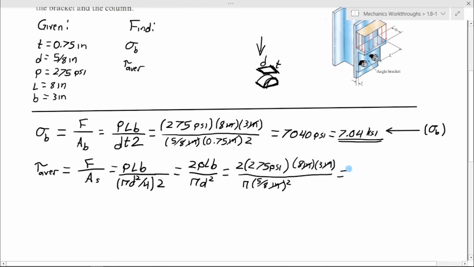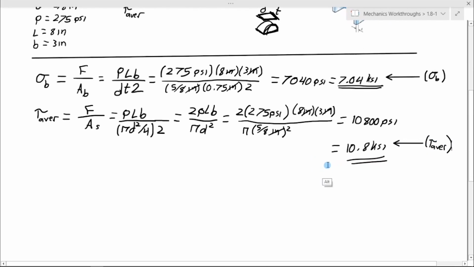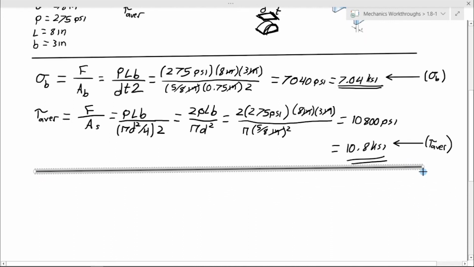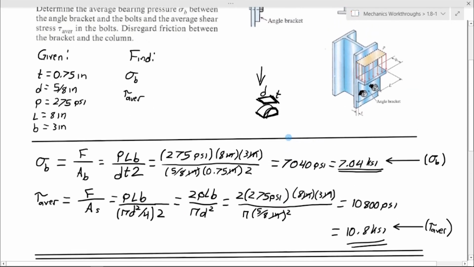And this is equal to 10,800 psi, which is equal to 10.8 ksi. And there is our last answer. Let me do a double underline at the end of the problem. And that is it.